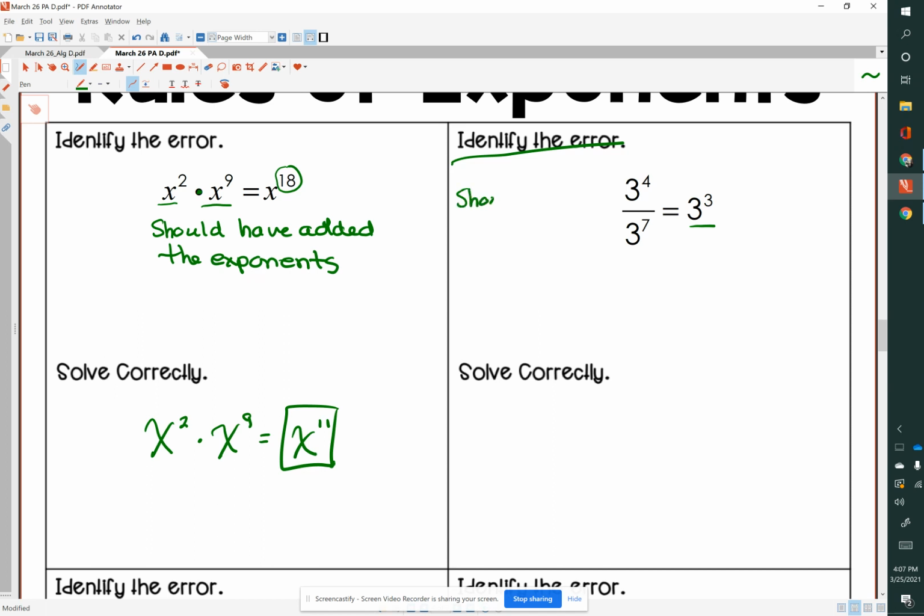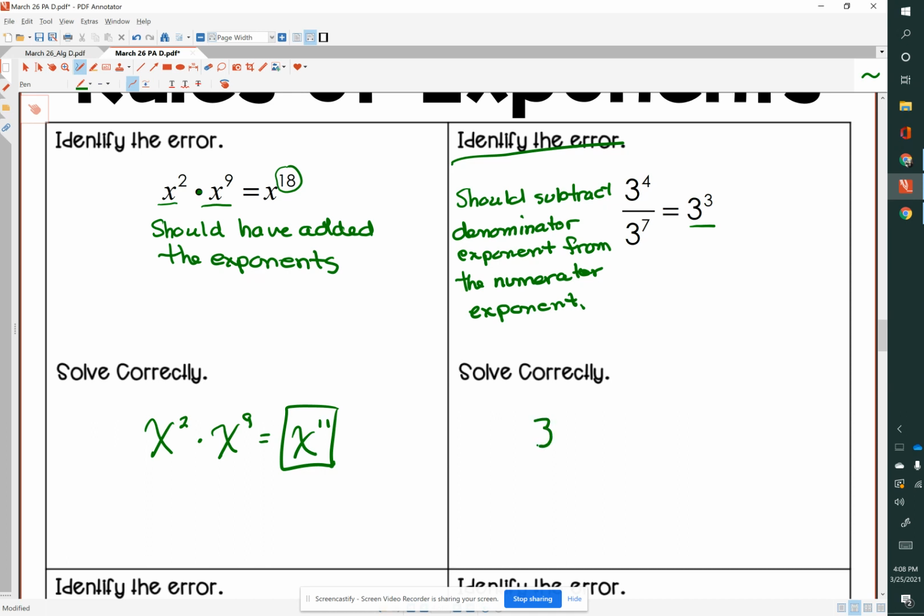So let's write all that out. So you should subtract the denominator exponent from the numerator exponent.